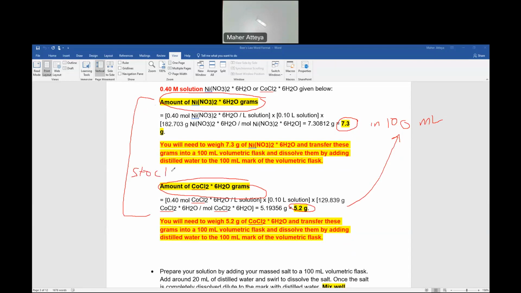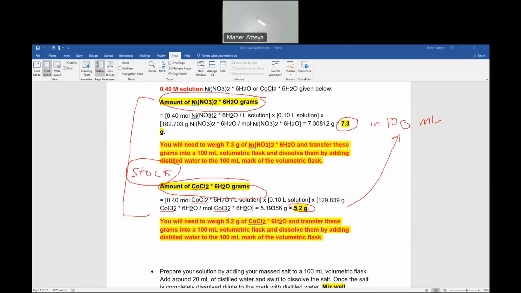What does stock mean? We keep it in stock for a long time, and this is the most concentrated solution. So our stock solution is 0.4 molar of nickel, or depending on what you have, cobalt.